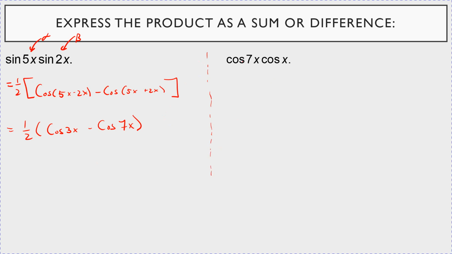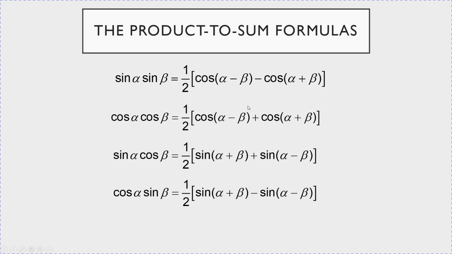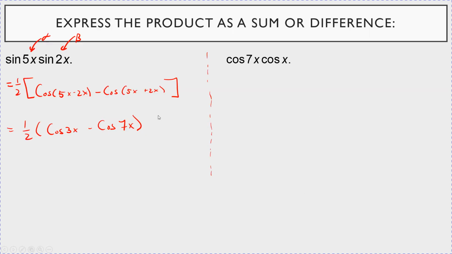Now look at this one. Let's take cosine of 7x times cosine of x, and write this as a sum or difference. That looks like cosine of alpha times cosine of beta, so 7x is my alpha and x is my beta.